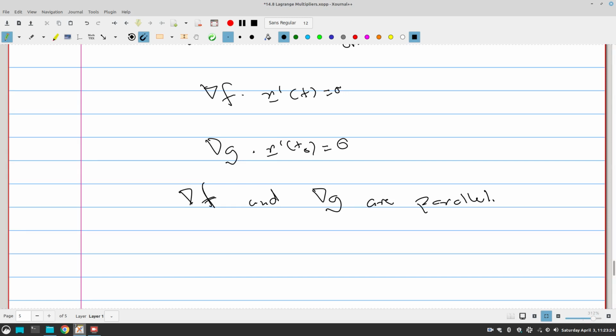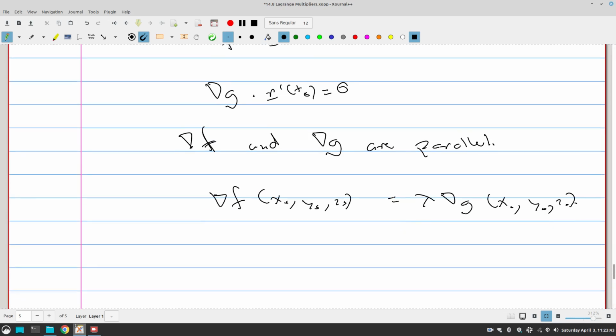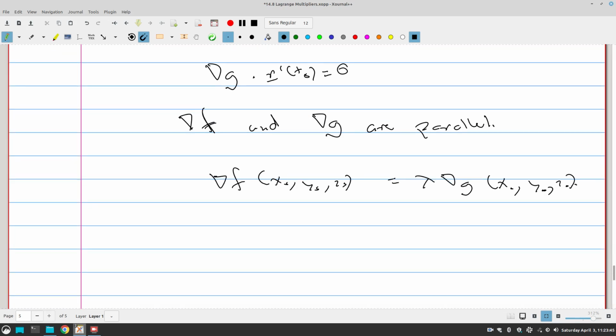Or in other words, del f at x naught, y naught, z naught equals lambda del G at x naught, y naught, z naught. And this gives us the method of Lagrange multipliers.